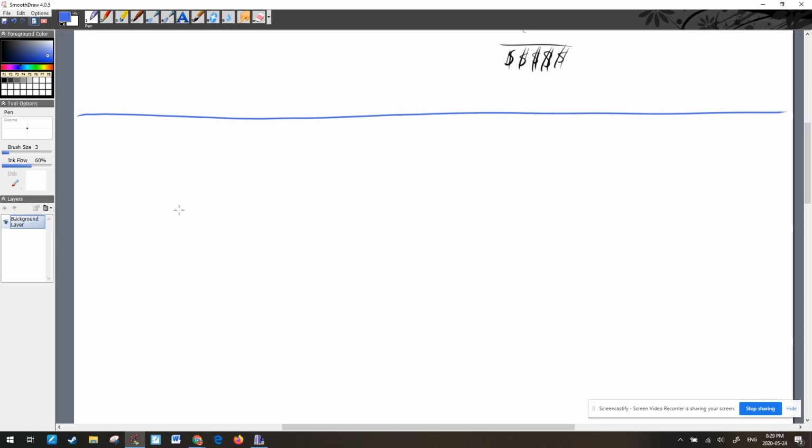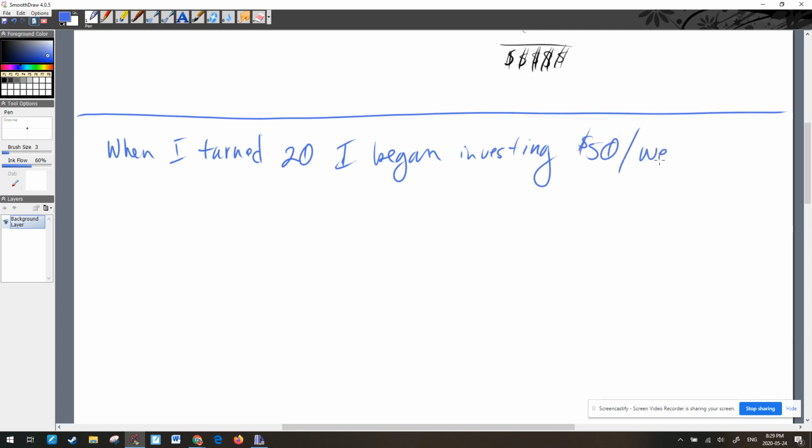Okay, so let's do another one just like that. So let's say when I turned 20, I began investing $50 per week into an account which earned a measly 7.2% interest per annum.